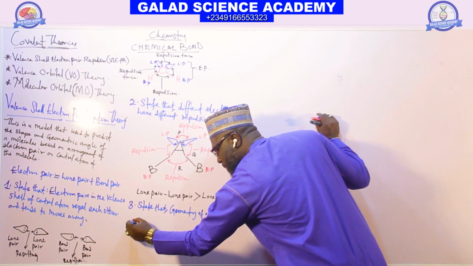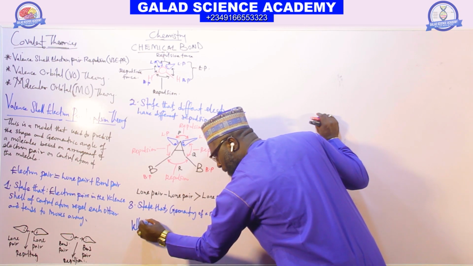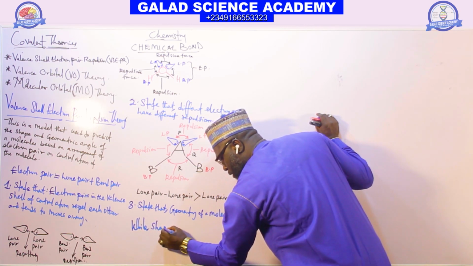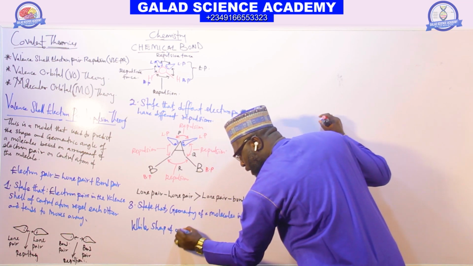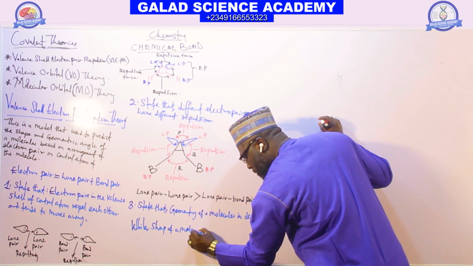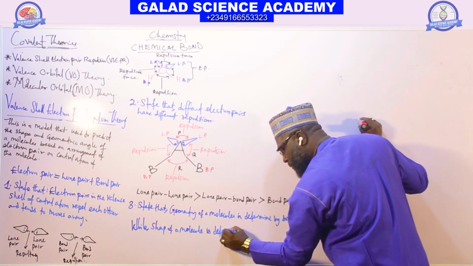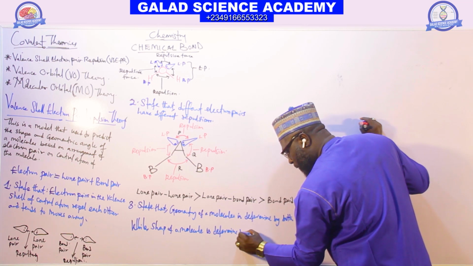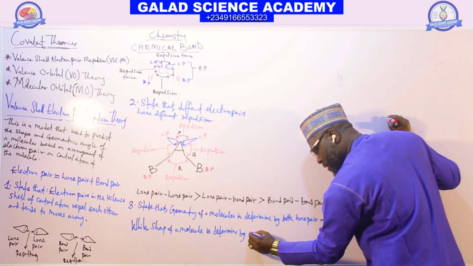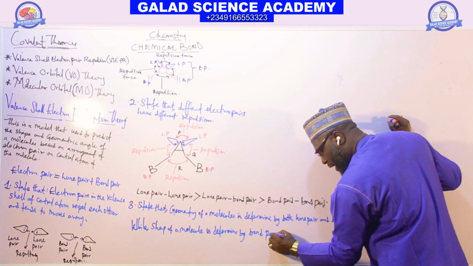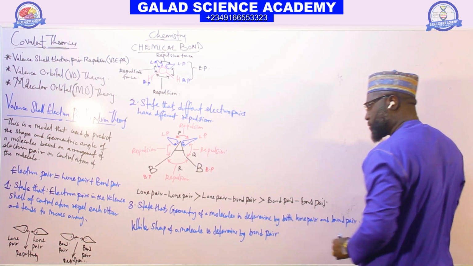But why is the shape of a molecule determined by bond pair alone?